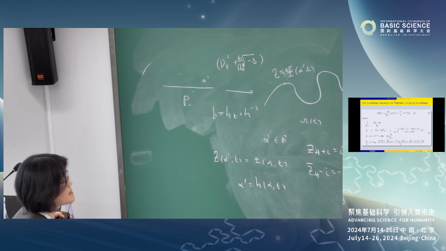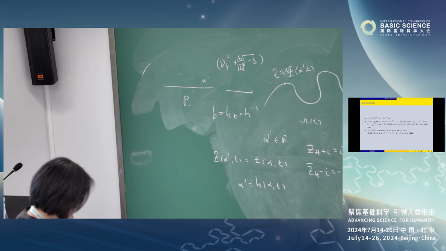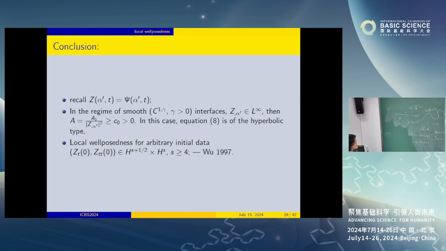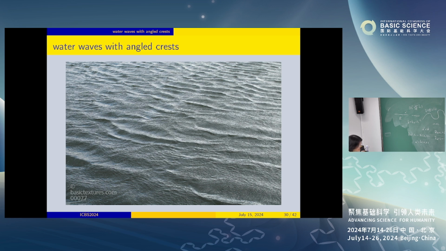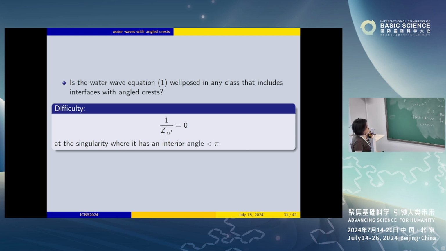Okay, so now we want to see angled crests. What is really the issue if we want to deal with singularity? Because when we deal with singularity, 1 over Z_α has to be 0, right? Why?